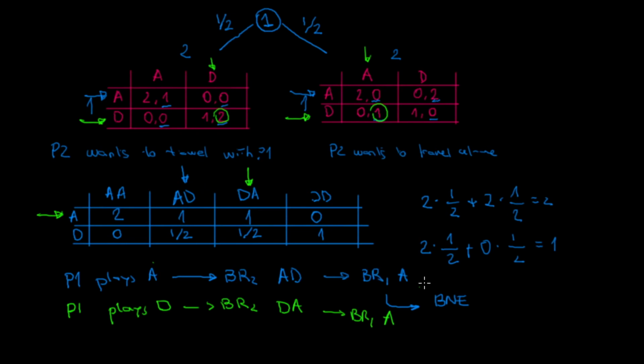In this case, no, because to be a Bayesian Nash equilibrium it must be a mutual best response. Here we do not have a mutual best response, because player 1 plays D and the best response is A. So it is not a Bayesian Nash equilibrium.